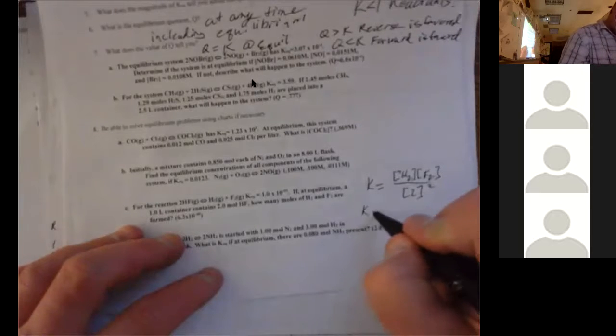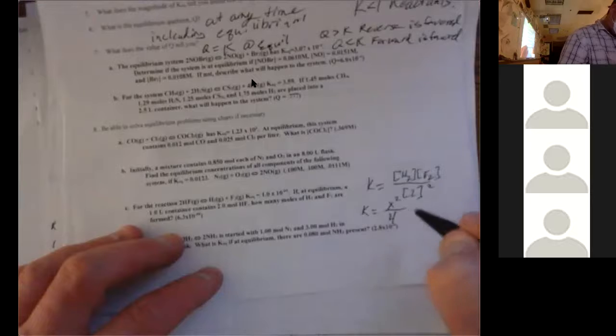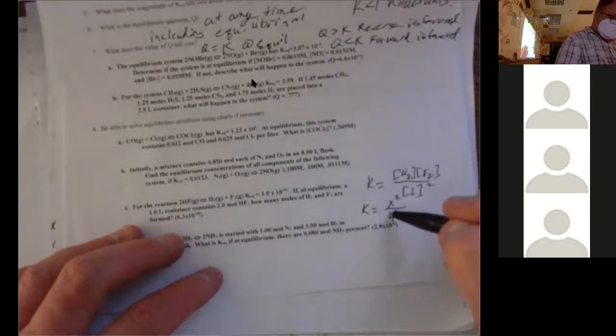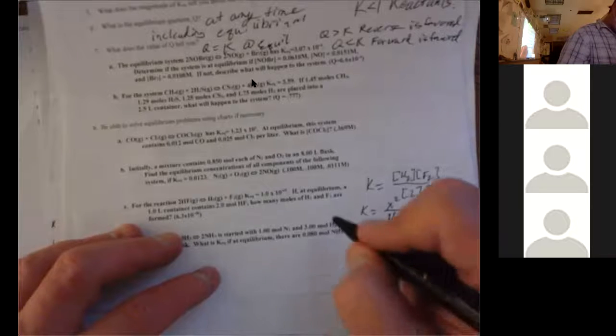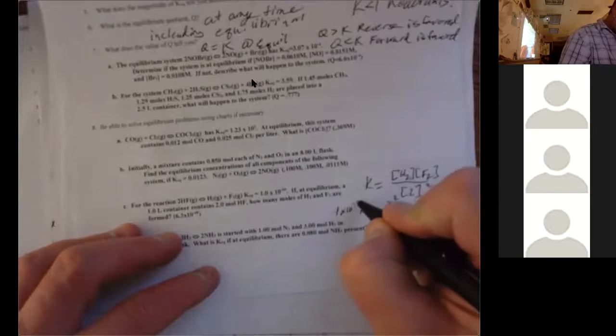So we get K equals x squared over 2 squared, which is 4. So then we can take the square root of this whole thing, right? K is 1 times 10 to the negative 95th.